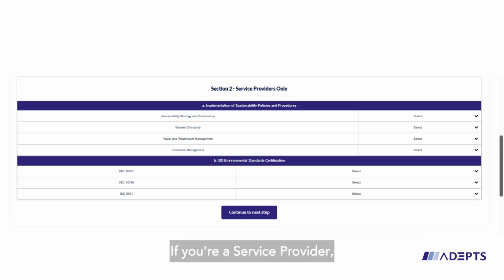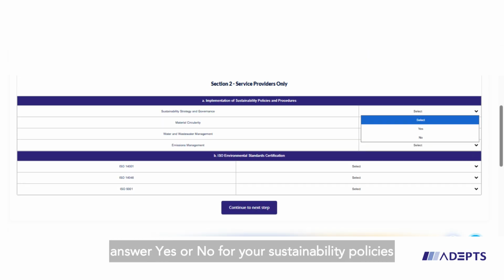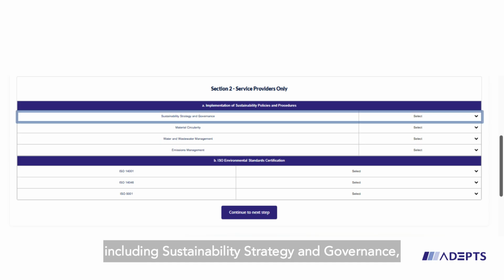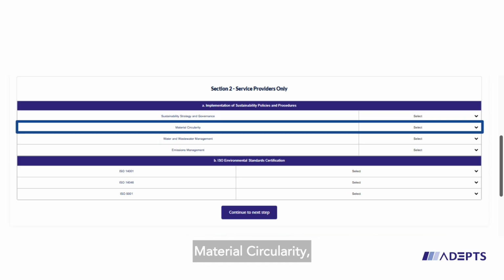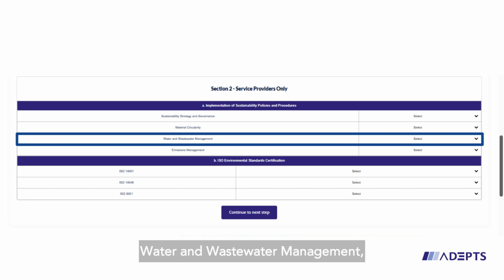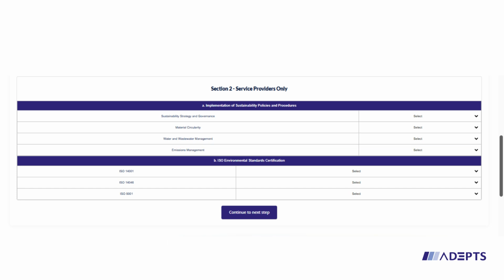If you're a service provider, answer yes or no for your sustainability policies, including sustainability strategy and governance, material circularity, water and wastewater management, and emissions management, followed by the same ISO certification questions.